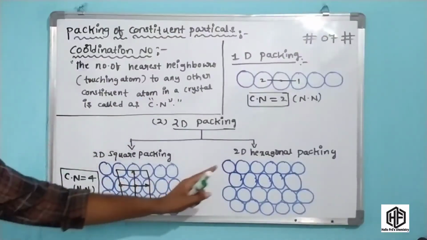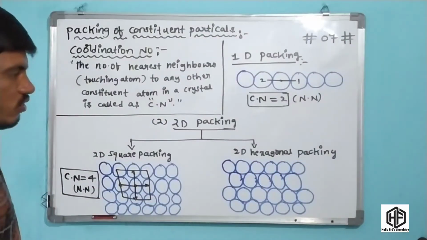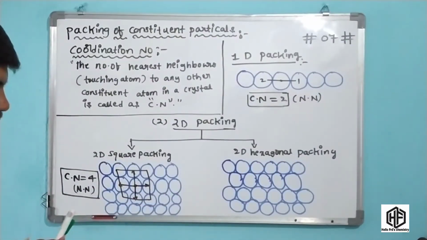Okay friends, these atoms are arranged like this. This is called two-dimensional hexagonal packing.